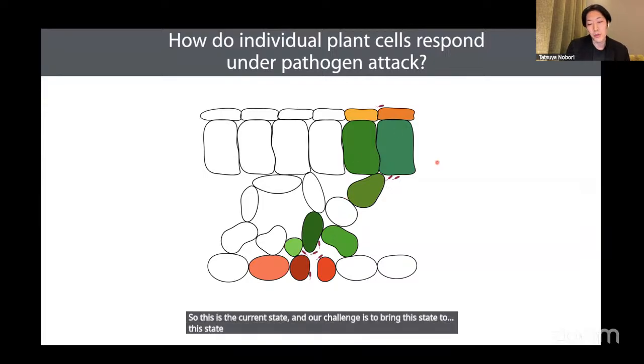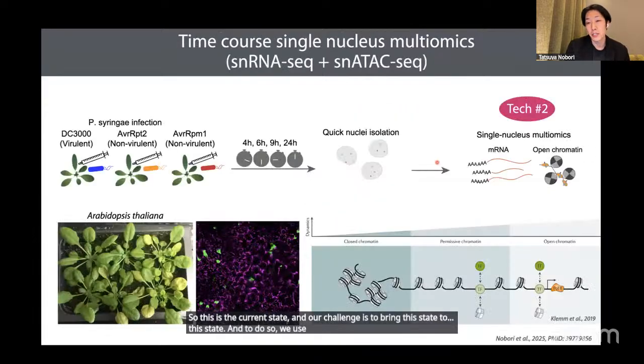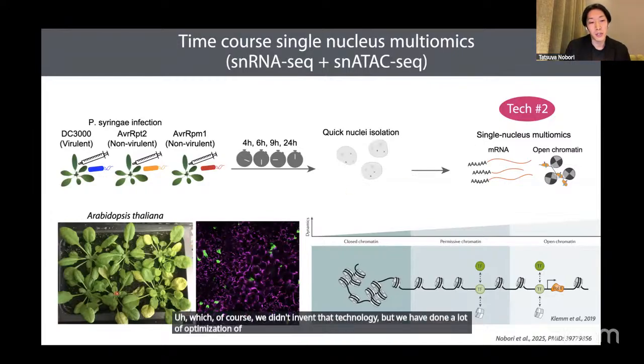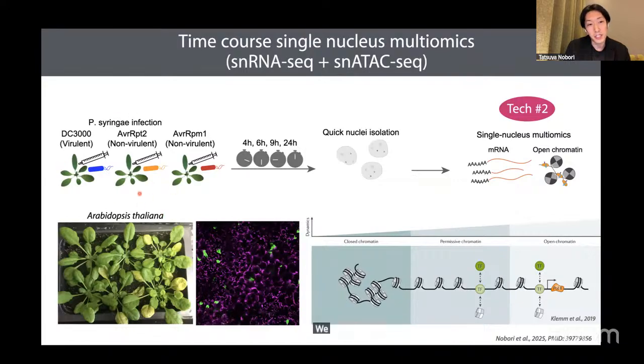And to do so, we use single nucleus multi-omics, which of course we didn't invent that technology, but we have done a lot of optimization of this technology for our model system. Again, Arabidopsis leaf infected by bacterial pathogens. We used different strains, both immune suppressive strains or activating strains, and many different time points, those key time points.